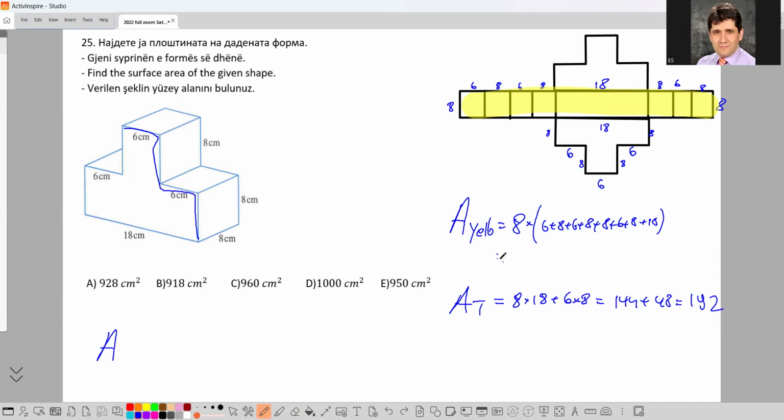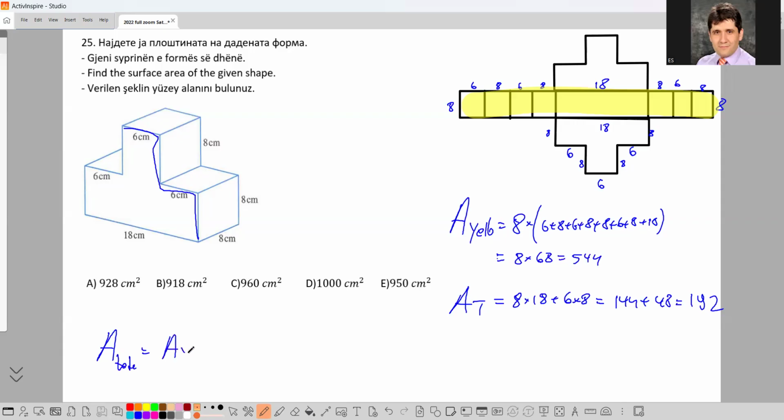We didn't calculate the middle part there. So that is 8 times 68, that is 544.